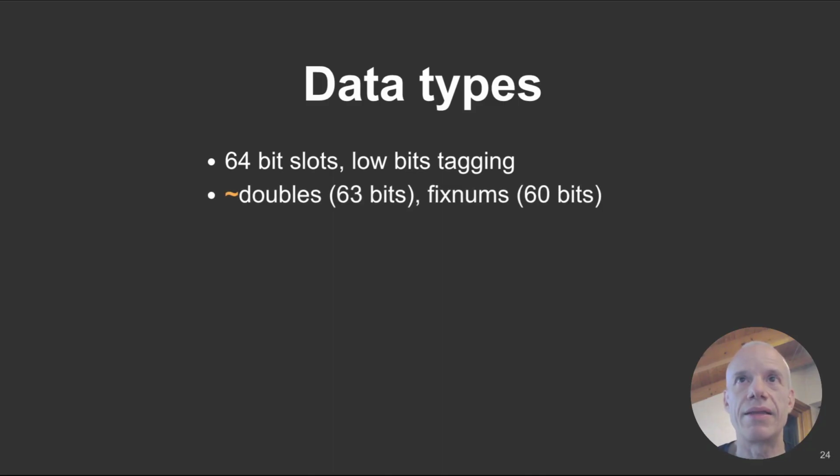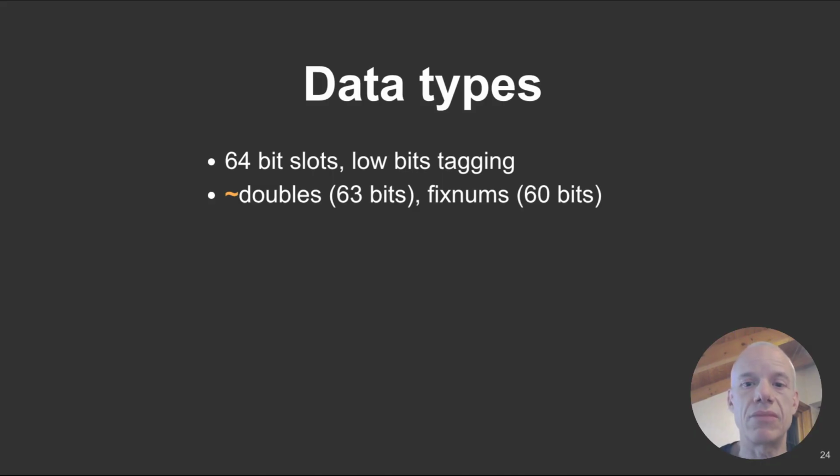And I have floating point numbers and fixnums. Floating point doubles are almost doubles. That's why there is a little tilde in the slide, because the lowest bit is used for tagging. If the lowest bit is 0, then it's a floating point number. If it's 1, then it's something else.